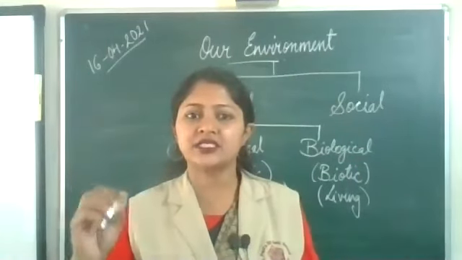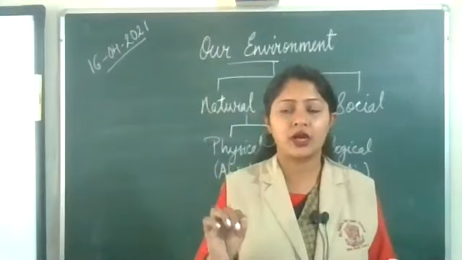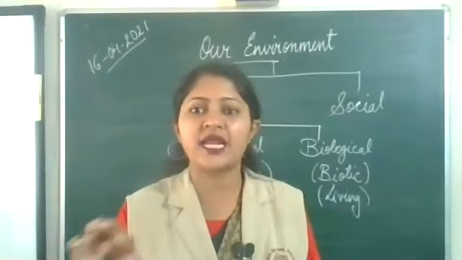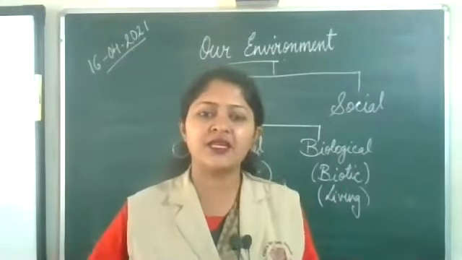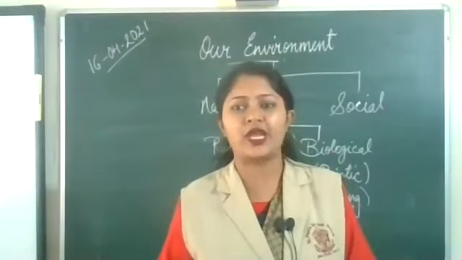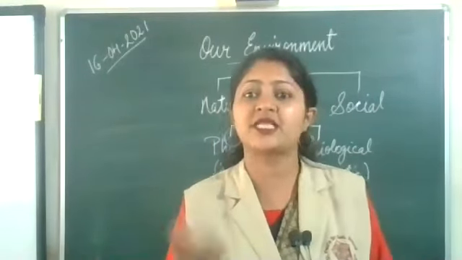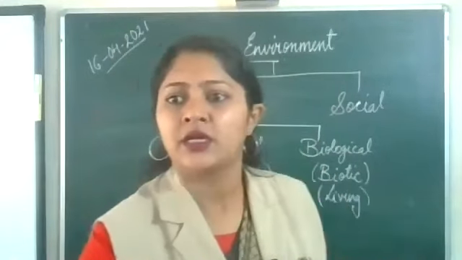There are certain living microorganisms who feed on the dead parts of plants and animals, and they decompose them. And then finally, what happens? They also die and get mixed up in the soil, convert the soil into nutrients, and those nutrients are good for the plants. Okay, that cycle.